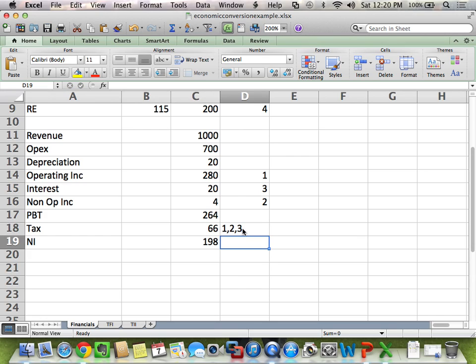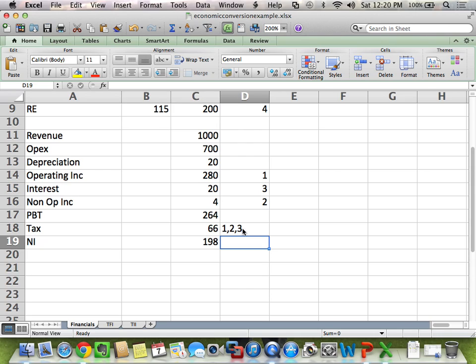We're going to split the tax impact into each of the areas. So it's not that taxes are operating or non-operating. We're going to look at the operating impact of the taxes, the non-operating impact of the taxes, and the debt impact of the taxes. And we're still going to end up with the same taxes that we paid, but you'll see that it gives us a much more particular insight into how the company's performing.